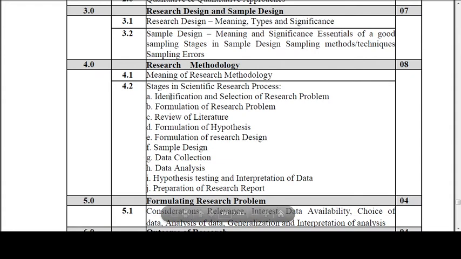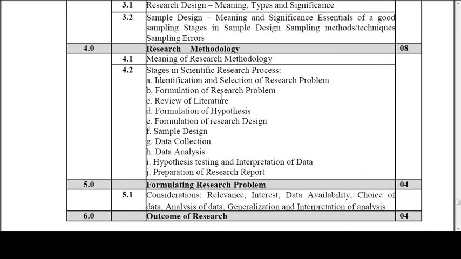All these things are covered in the fourth module. So these are the various steps in the scientific research process.